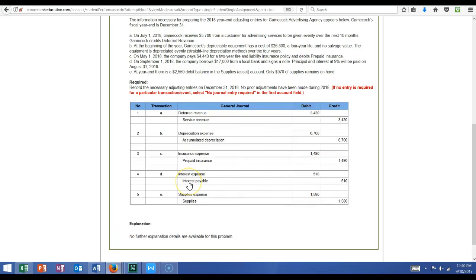So we debit our supplies expense of 1580. We credit our supplies because that's an asset, but our asset has gone down, so we don't want to show we have more supplies than we really do. So we have to reduce our supplies accordingly.